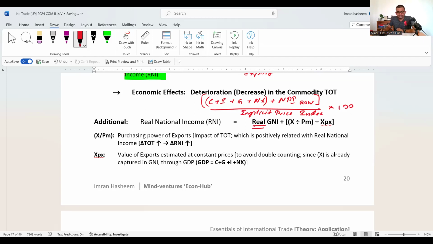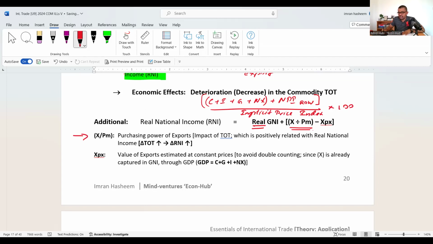Are we clear? If you don't understand, please ask. Now we have real GNI. After you get real GNI, you do a small adjustment. What is the adjustment? X divided by PM. What does X divided by PM mean here?